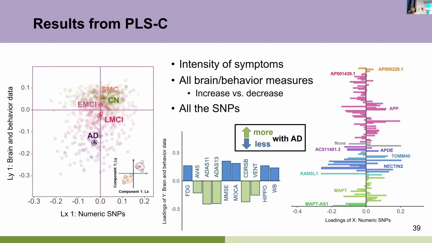So for negative loadings, the direction is not important. The relative pattern is. If you have something that has a positive loading, it has an anti-relationship to everything that has a negative loading. So for example, we have hippocampal volume and ventricle volume in Alzheimer's disease.